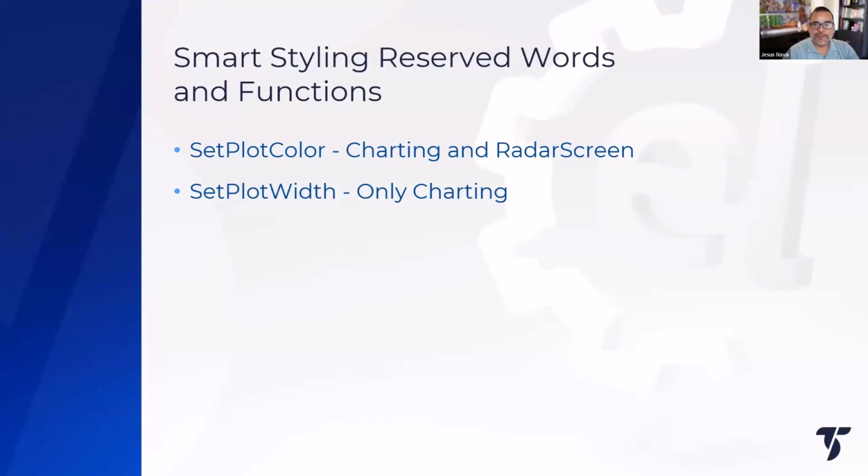Now, this is only used in charting, and what it does is change the thickness of a plot. For the most part, when you create an indicator, it's going to have a default thickness, and usually that thickness is rather thin.